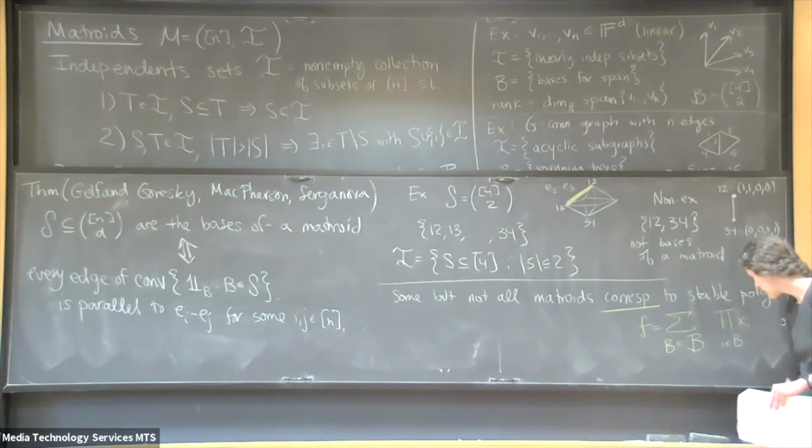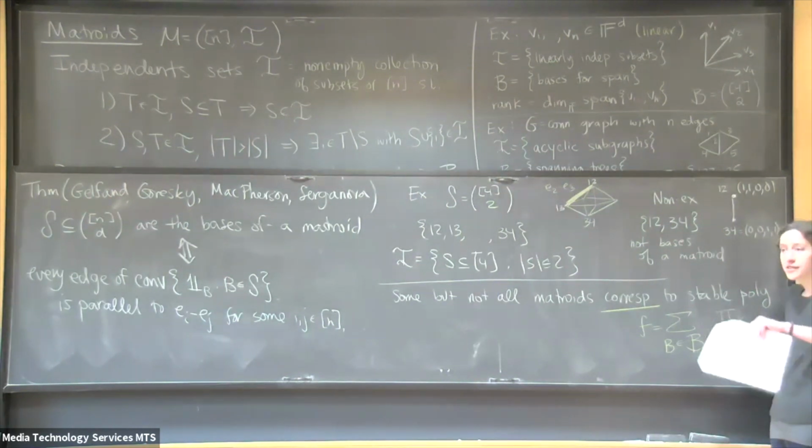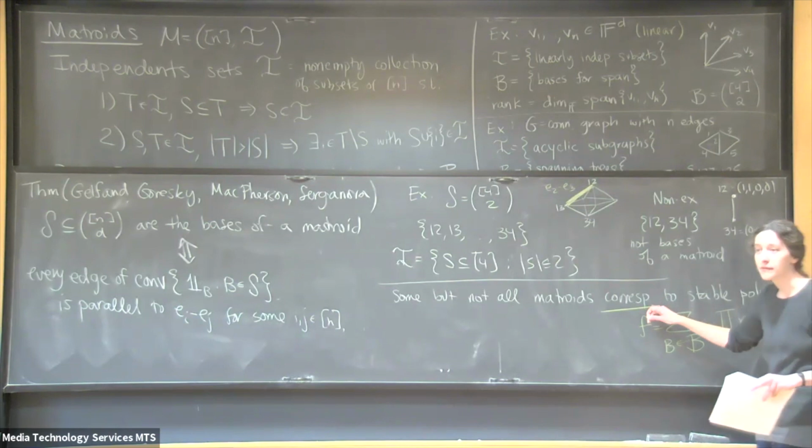And even if I were to allow some non-negative coefficients, so changing from the uniform distribution, it still might fail.